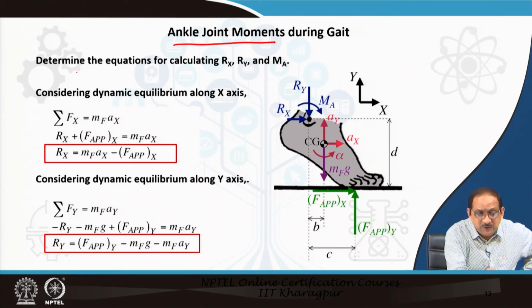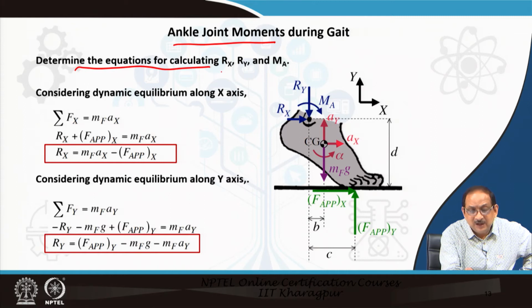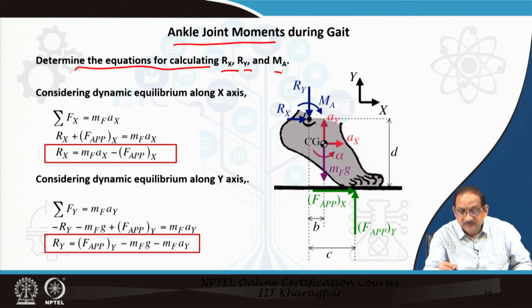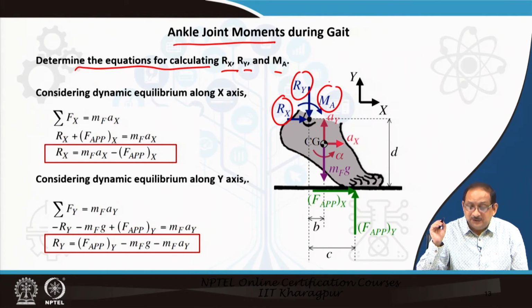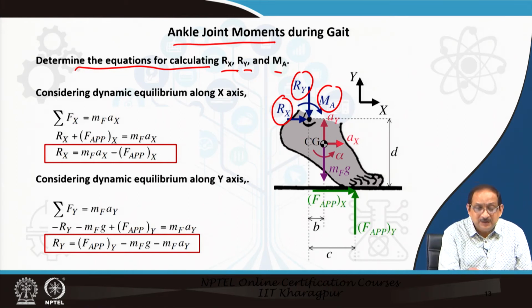So, determine the equations for calculating Rx, Ry and Ma as already indicated earlier, considering the same free body diagram. If we consider dynamic equilibrium along the x axis, we can write down the summation of the forces along the x axis equal to m multiplied by the acceleration along the x axis.